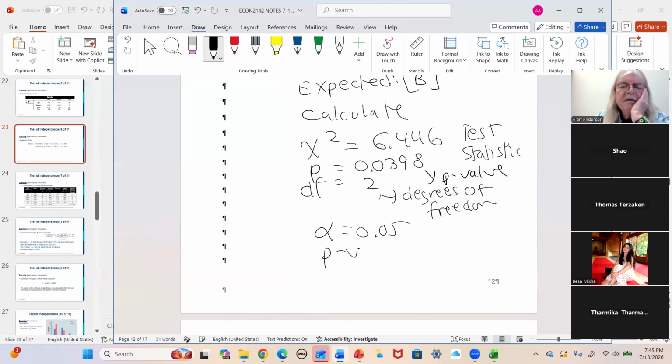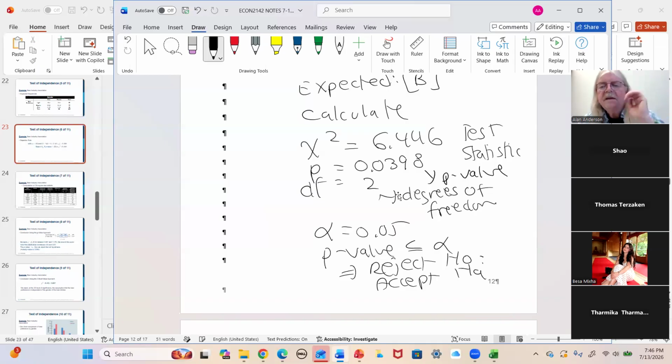And so that means the p-value is less than or equal to alpha. We reject the null of independence and accept the alternative that they're not independent. Okay, so in other words, it means that men and women like different flavors of beer.